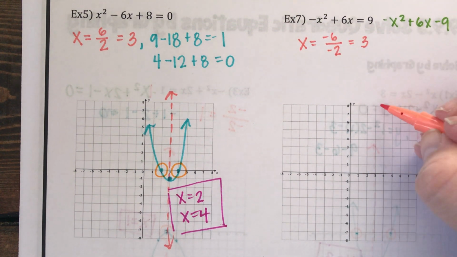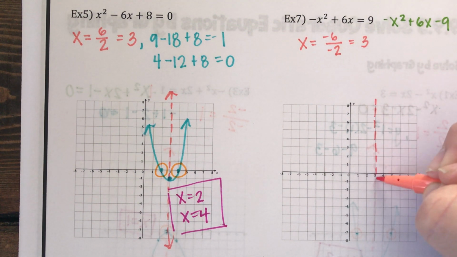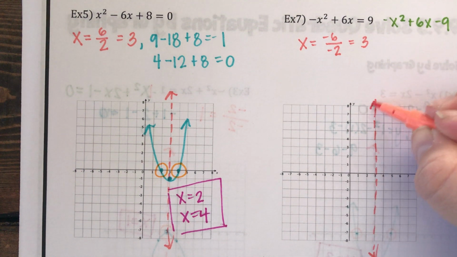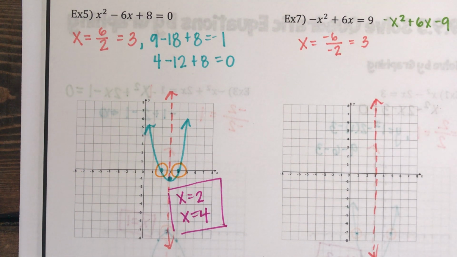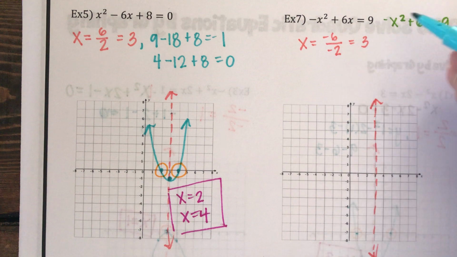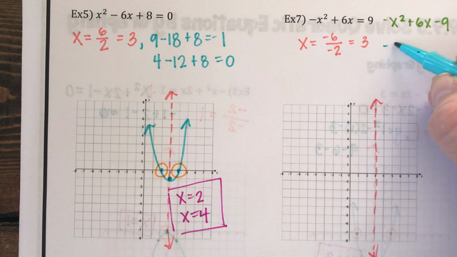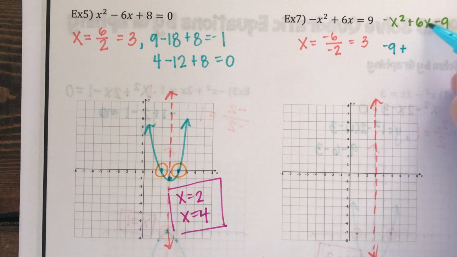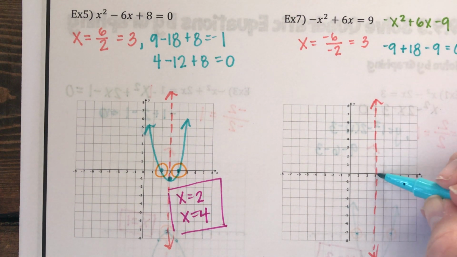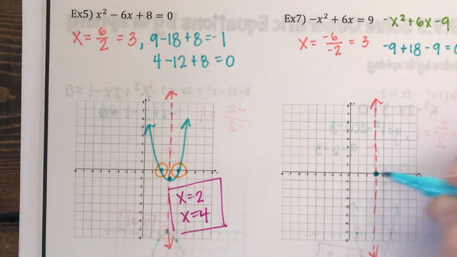So that gives me an axis of symmetry again of 3. So let's find that y coordinate by putting 3 in here. So 3 squared is 9, and it's negative, plus 6 times 3 is 18, minus 9. So negative 9 plus 18 minus 9, I got 0. So when I put a 3 in, I got a 0.